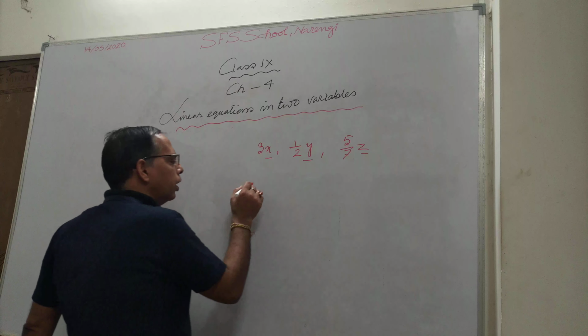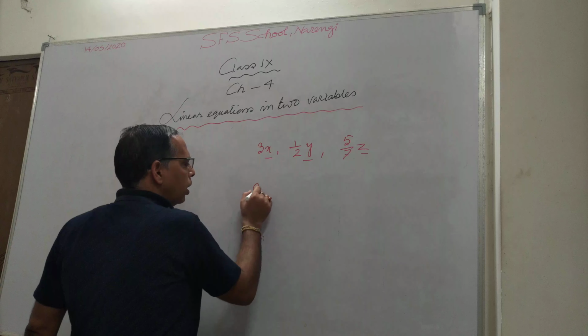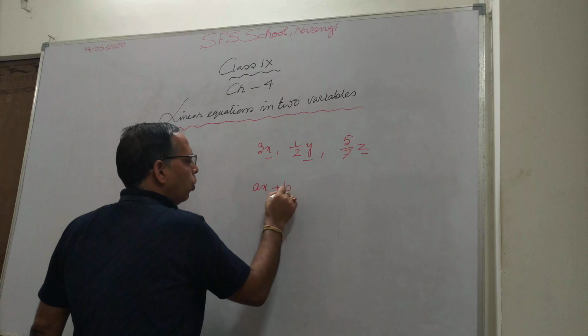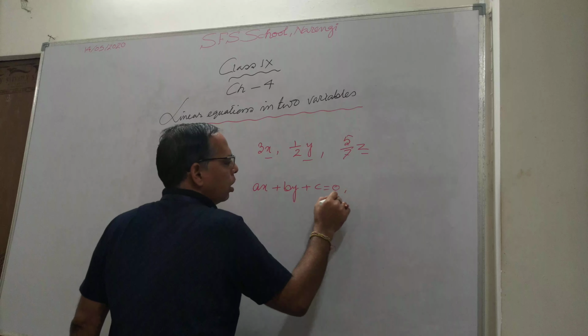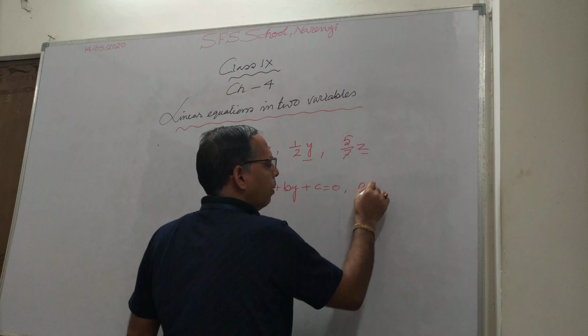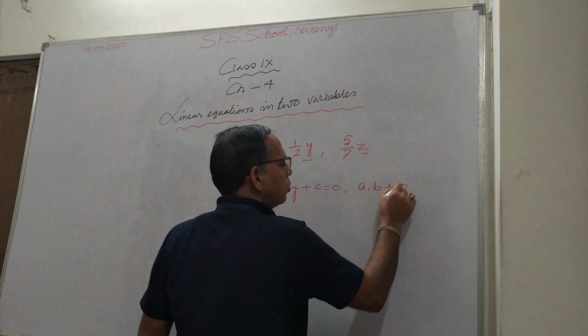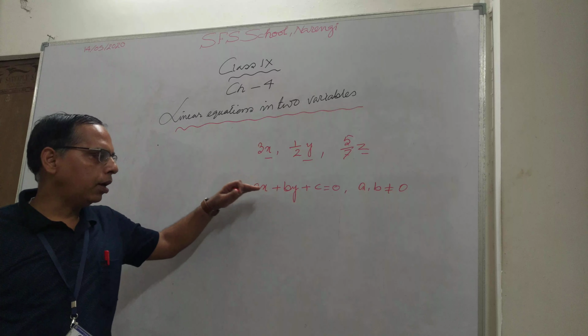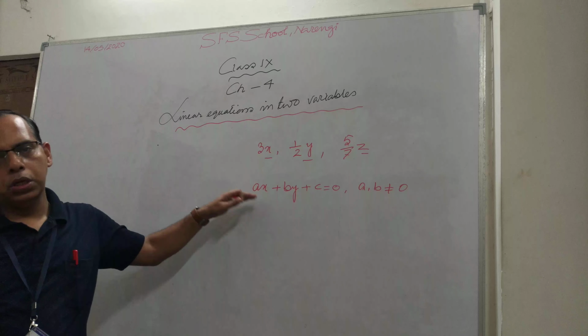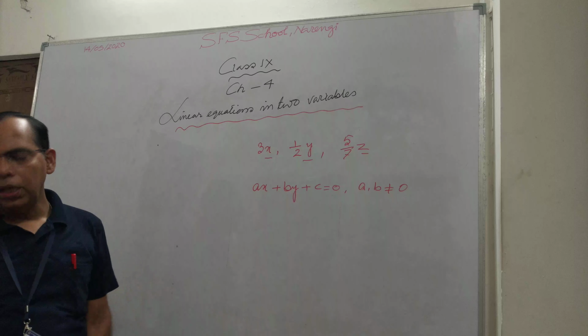So what is the standard linear equation in two variables? ax plus by plus c equal to 0, where a, b are not equal to 0. This is the standard linear equation in two variables.